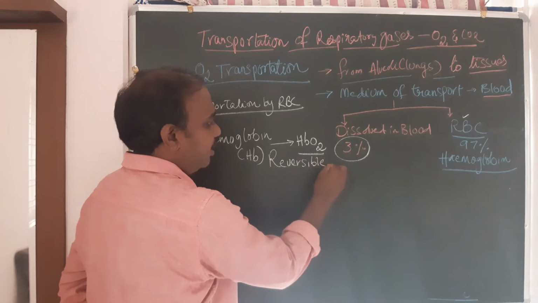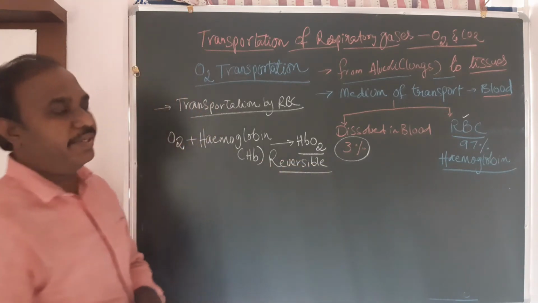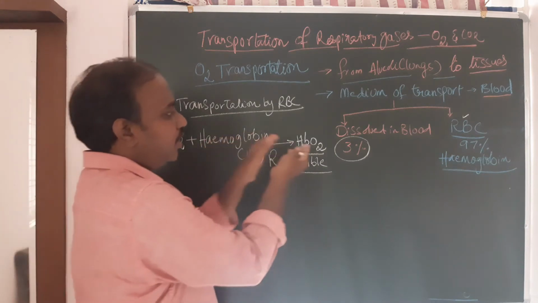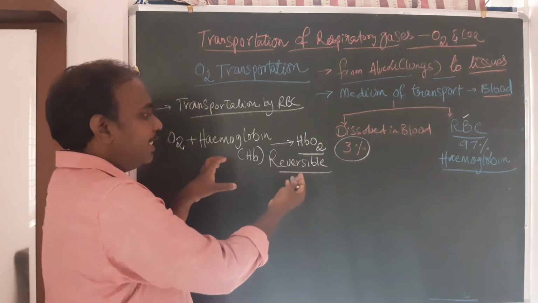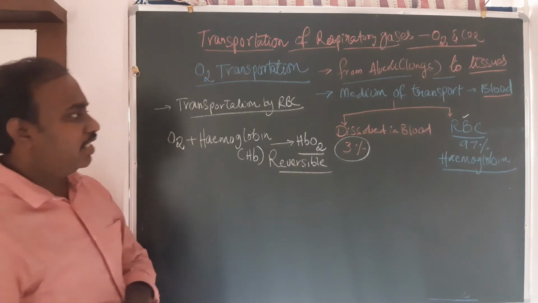What that means is, based on the conditions provided, it gets associated with the hemoglobin, and if the conditions are not favorable, it gets dissociated from the hemoglobin. That is the central idea here.